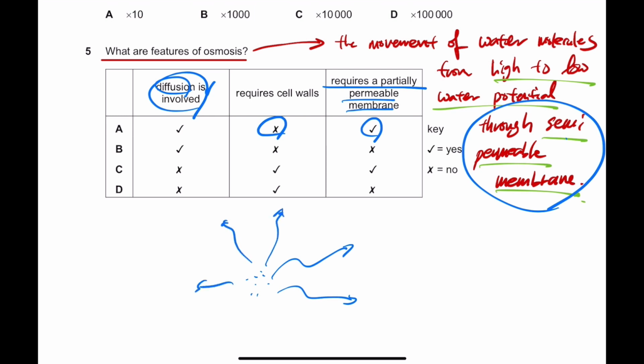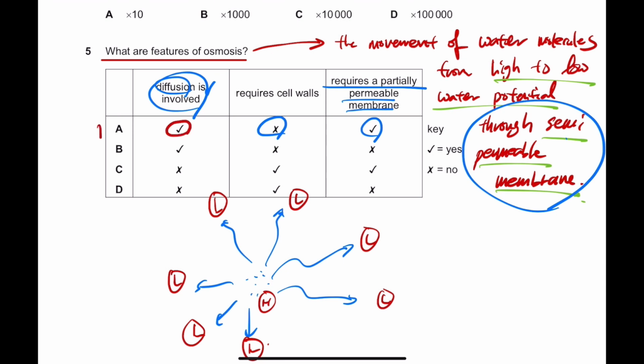So this is the region of high concentration and low concentration here and there. So yes, osmosis is a type of diffusion. So A is the perfect answer. Okay?